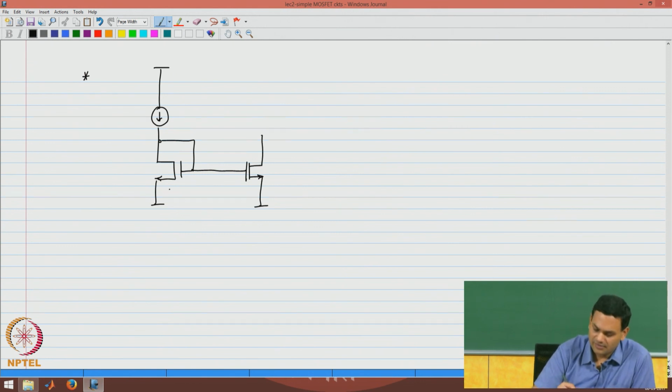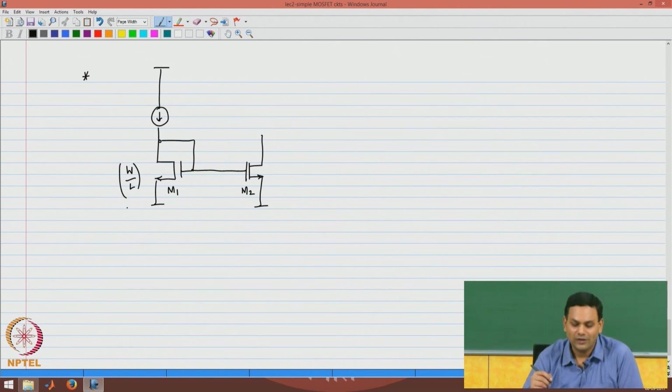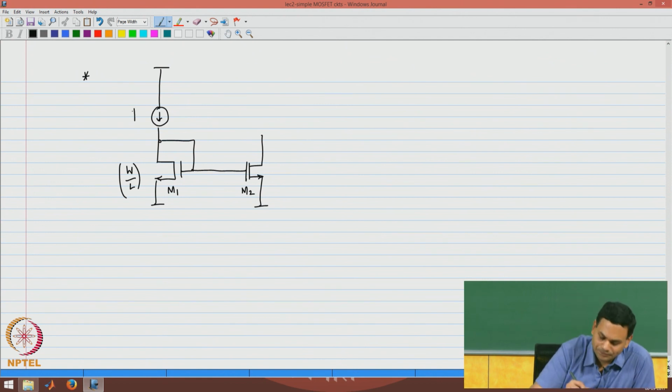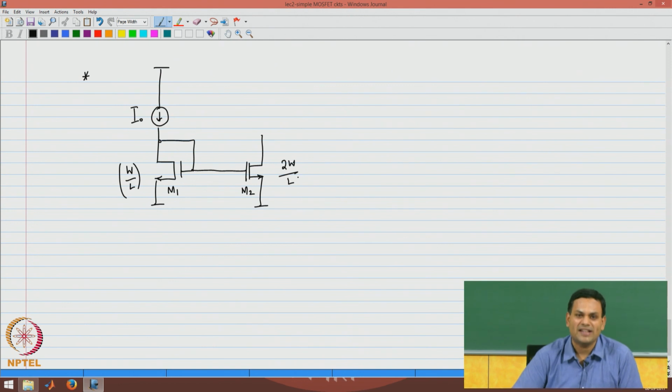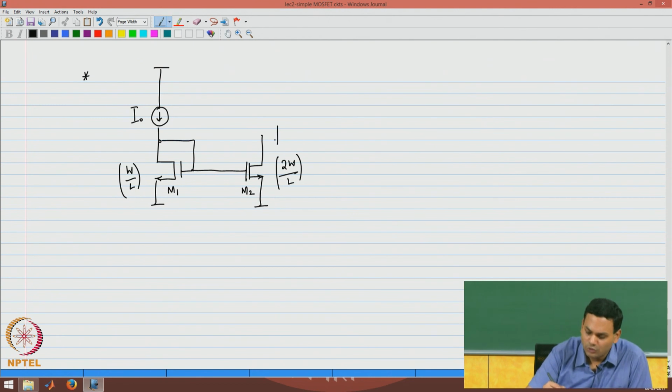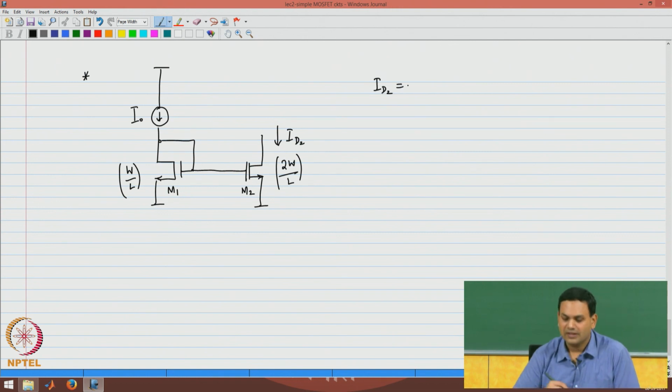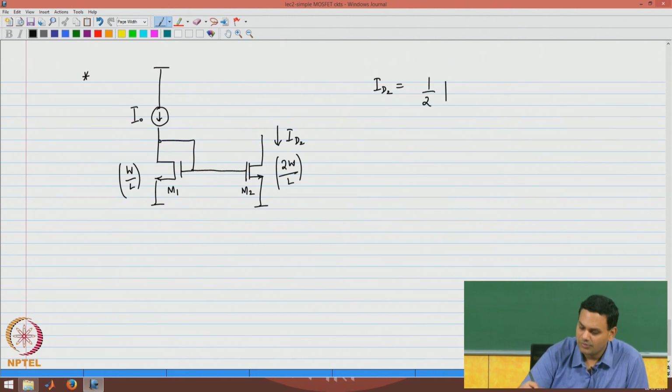Let us say M1 had a ratio W over L. In other words, it had a width W and a length L. If I chose M2 such that it has twice the width 2W and a length L, then ID2 is given by this relationship.